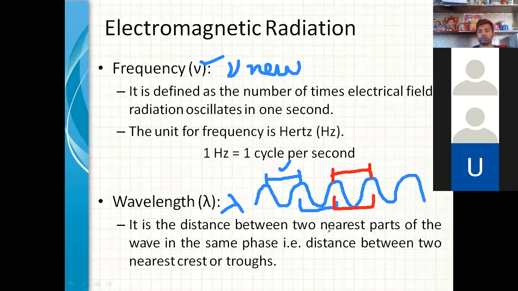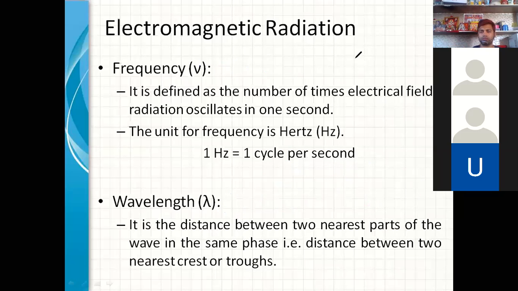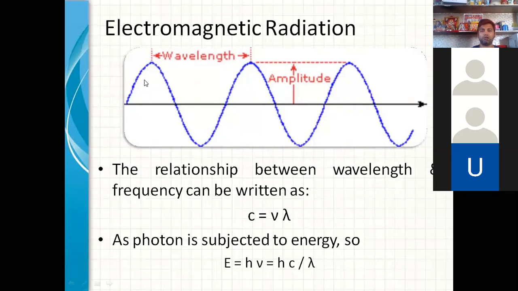It is the distance between two nearest parts of the wave in the same phase, such as the distance between two nearest crests or troughs. Understood? See here, this is amplitude, the height. This is wavelength, the distance between two crests.